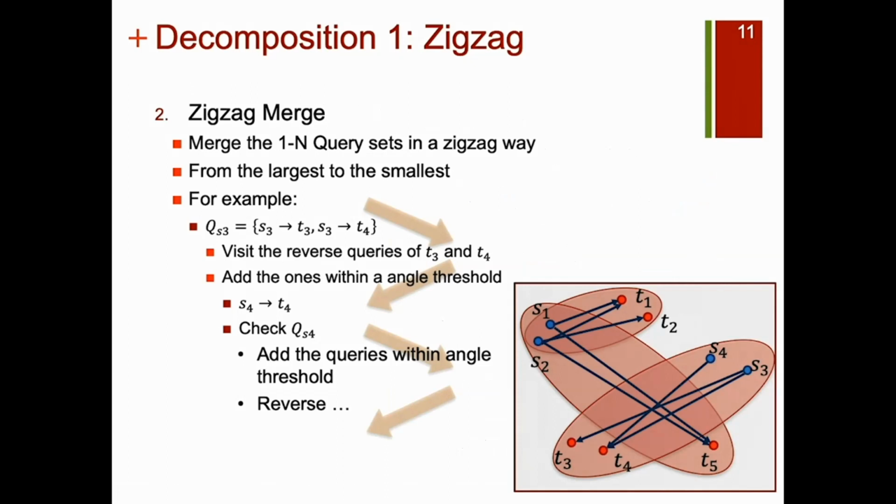For example, we have several sets here, but we can cluster them into three: S1 to T1, then we can go back from T1 to S2, and then we add S2 to T2. So these three queries actually come into one cluster, and we just need some angle threshold to help us do this. Similarly for S3 to T3, T4, and from T4 back to S4.